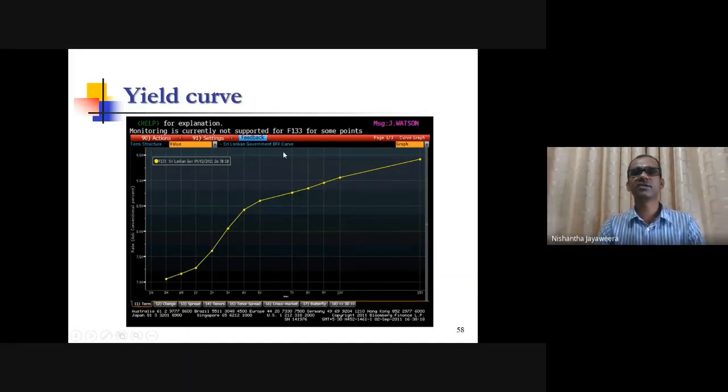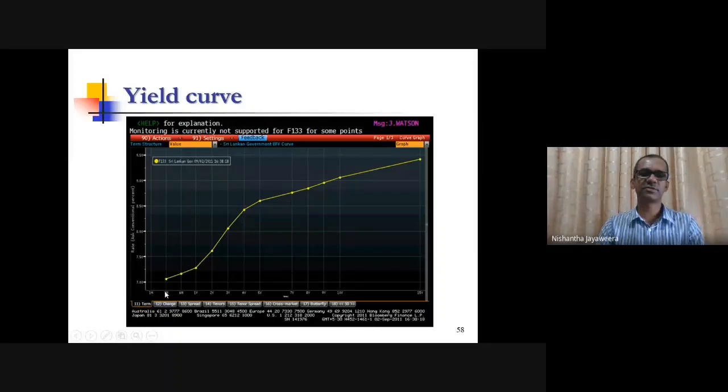This is the Sri Lankan government yield curve sometime back in 2011, September 2nd. On the x-axis, the maturities are given: 1 month, 3 months, 6 months, 1 year, 2 year, 3 year, 4 year, 5 year, 7 year, 8 year, 9 year, 10 year, and 15 year. What does this dot reflect?